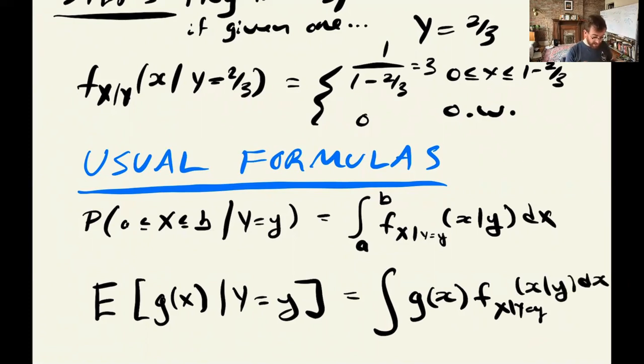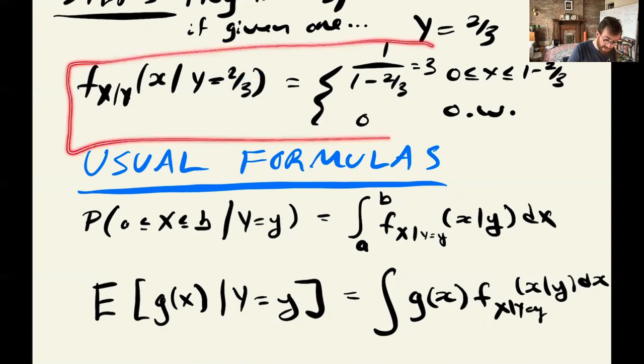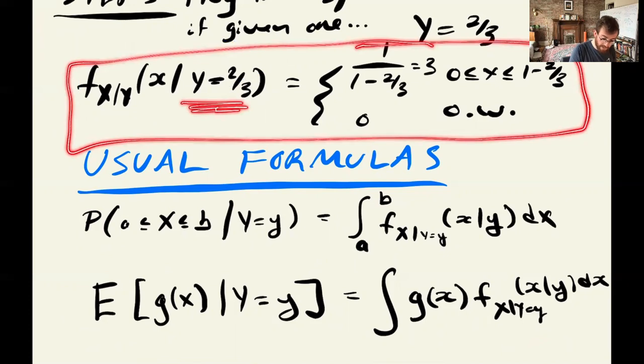All right, let's see where this comes up in a couple examples. Maybe since we've got it right here, we can do it in this setting. What's the expectation of x conditioned on y equals 2/3?